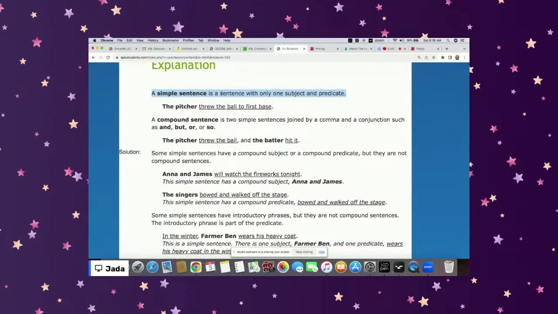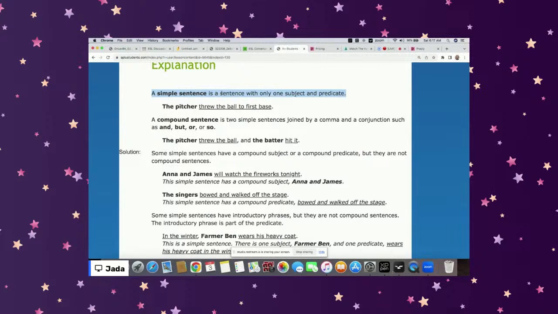Now, the subject is who is doing the action in the sentence, and the predicate is the action going on in the sentence. For example, the simple sentence here says, the pitcher threw the ball to first base.